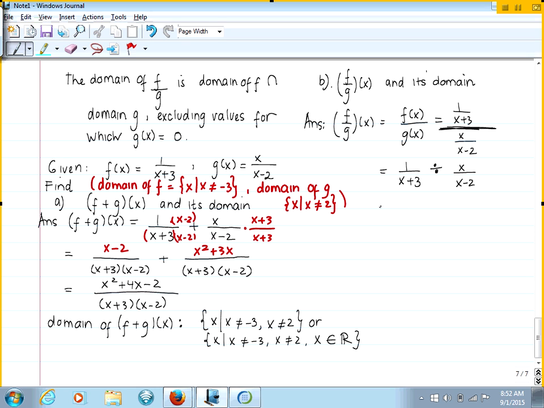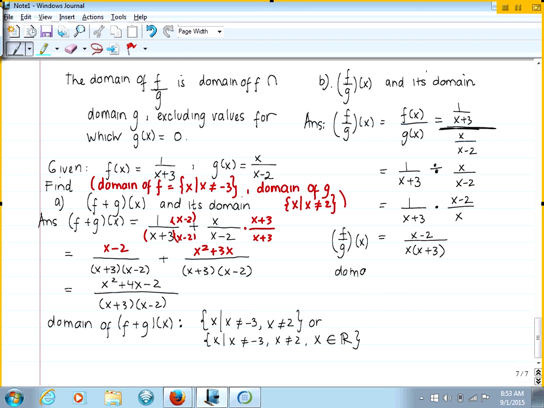So I could write it like this, x over x minus 2. So then division is the same as multiplication with the reciprocal. So this is x minus 2 over x. Yes. Oh, actually we leave it in factor form. Yeah. So this is f over g of x. Good.